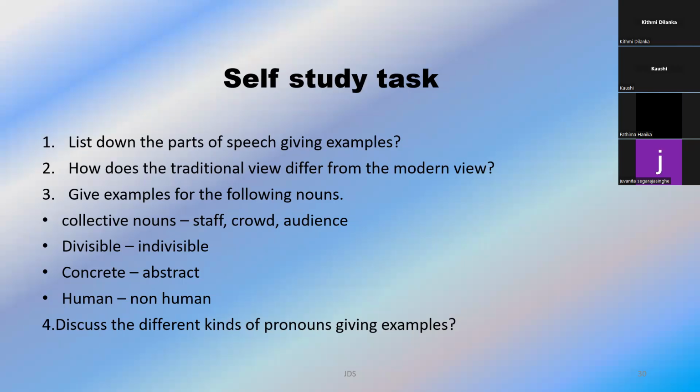Reflexive pronoun, relative, one more. Indefinite. Interrogative pronouns. Something, anything, nothing, what are they? Indefinite pronouns. So there should be 6.